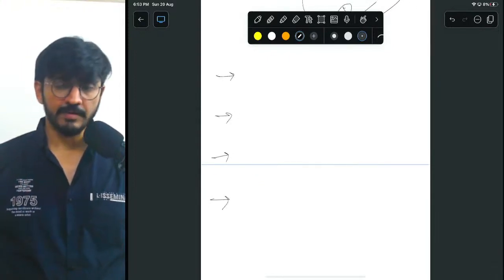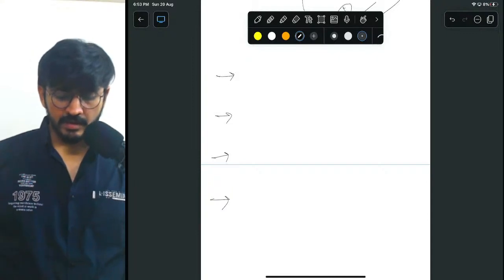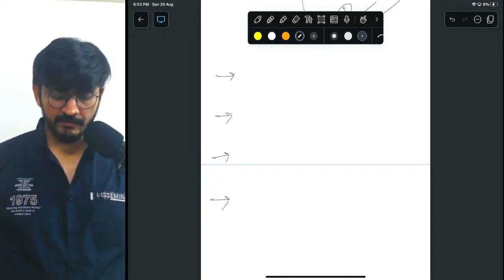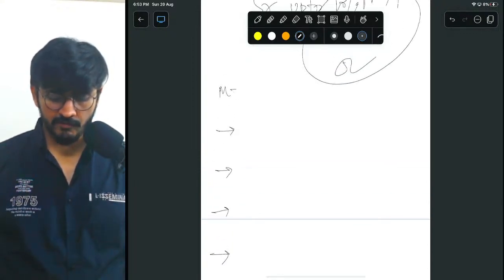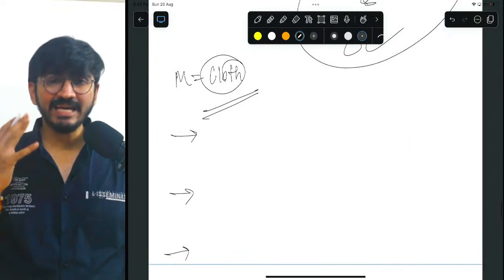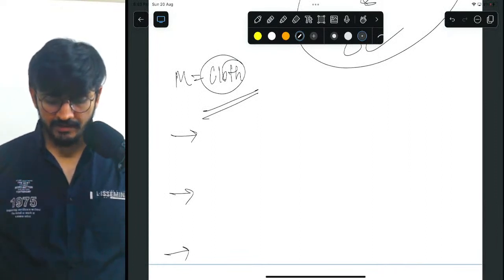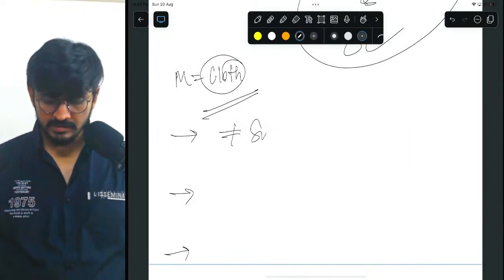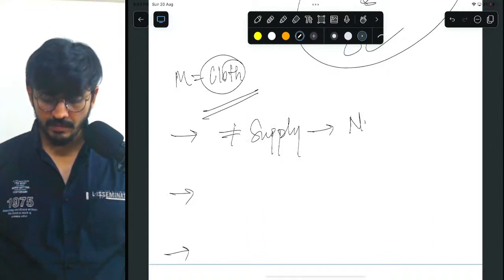Next, let's say I'm a manufacturer of clothes, garments. Understand that I cannot supply non-taxable goods.